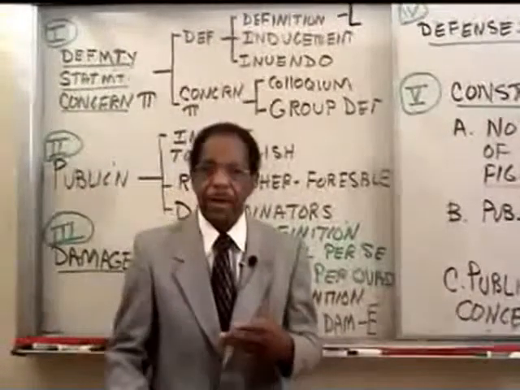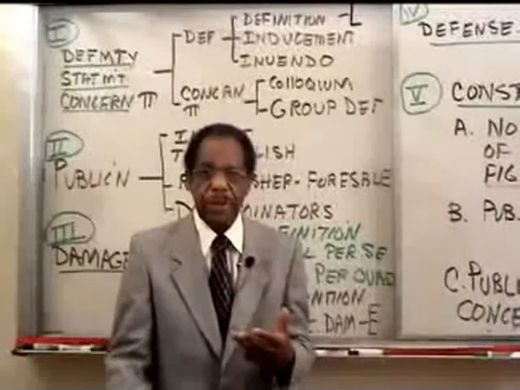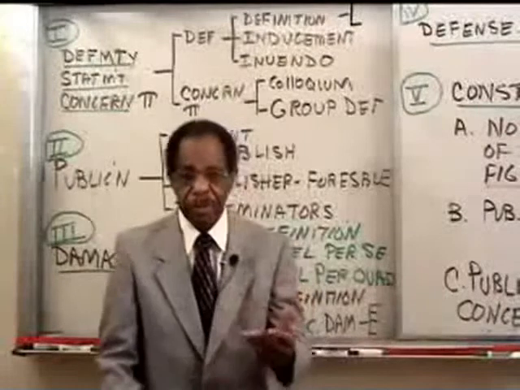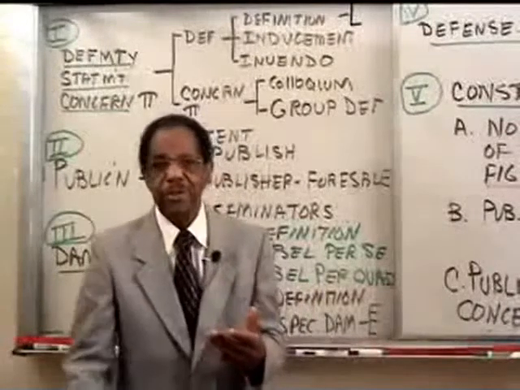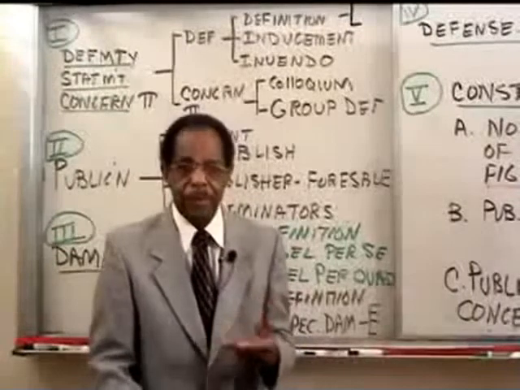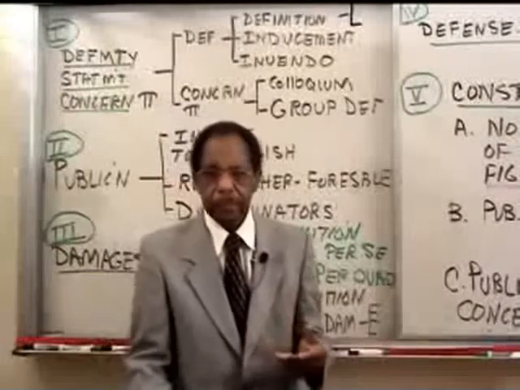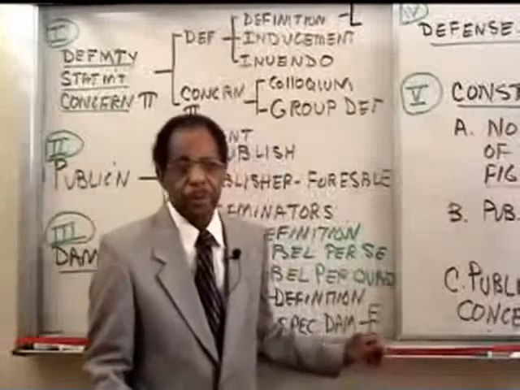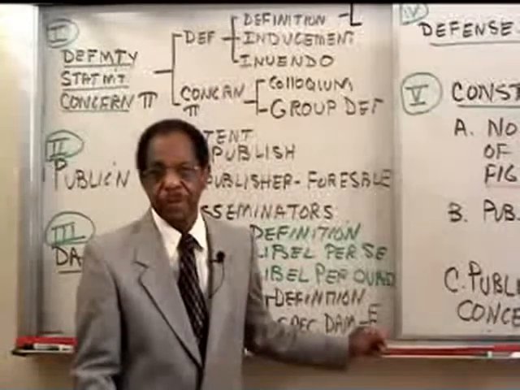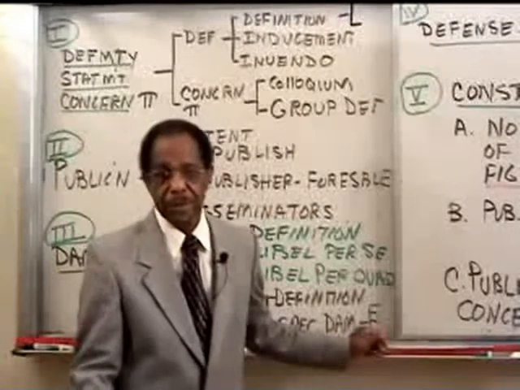It doesn't require colloquium to understand who the plaintiff is. It doesn't require inducement, that is some additional fact to understand that the statement is defamatory. It doesn't require innuendo, interpretation of what the statement means in order to understand it in a defamatory sense.